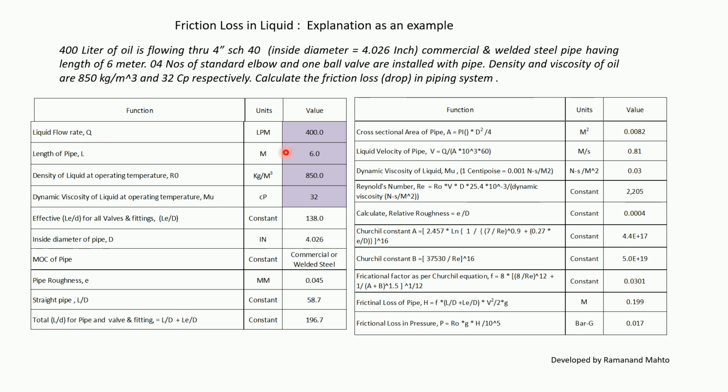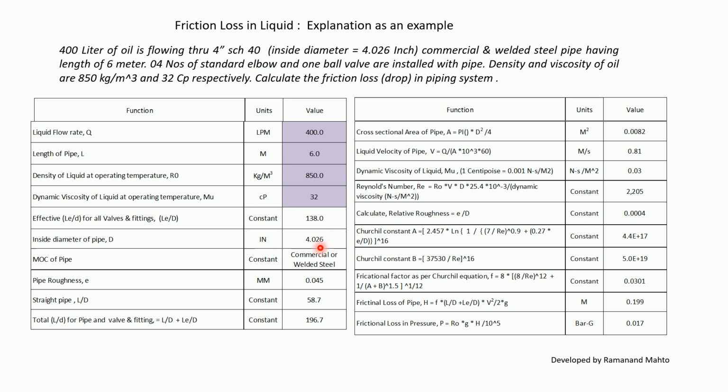So liquid flow rate is 400 liter, length of pipe is 6 meter, density is 850 kg per meter cube and dynamic viscosity is 32 centipoise. After calculation of effective L by D for the 4 numbers of 90 degree elbow and 1 ball valve, it is coming 138.